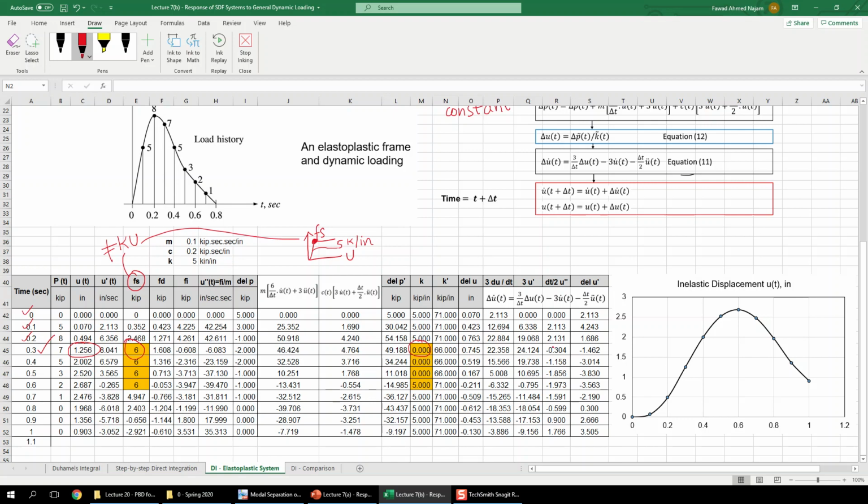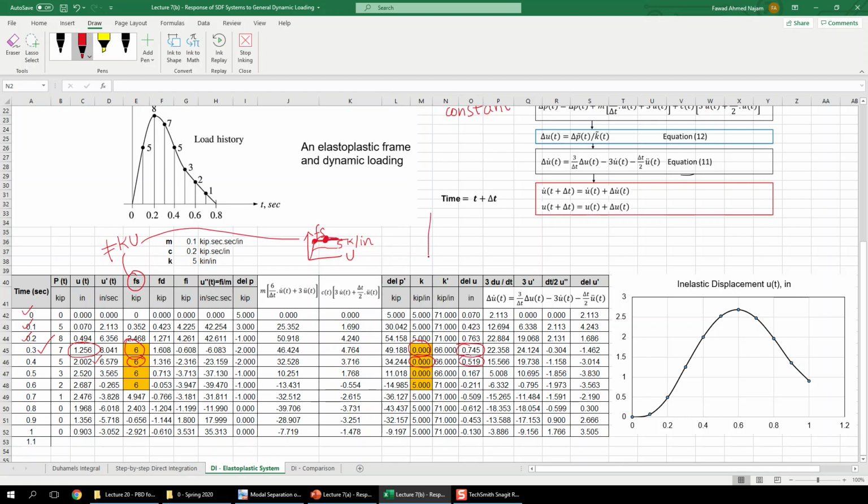Similarly, delta u for this time increment came out to be a positive number, which means that in this Fs and u relationship, after yielding, we are going ahead to the next time increment. In the next time increment we have another new u value, and again K remains 0 and Fs remains 6, and delta u comes out to be positive again, which means after yielding we are again going to the next point in the loading phase.